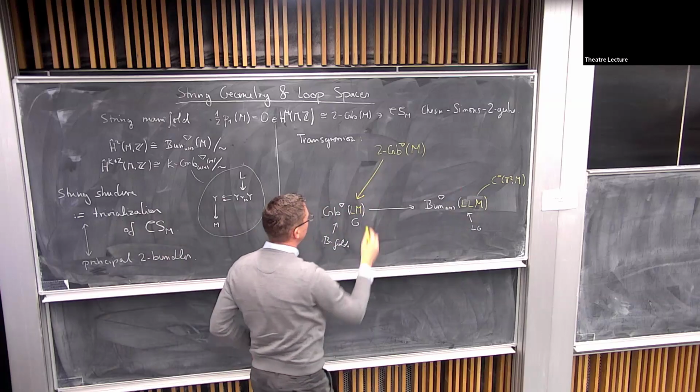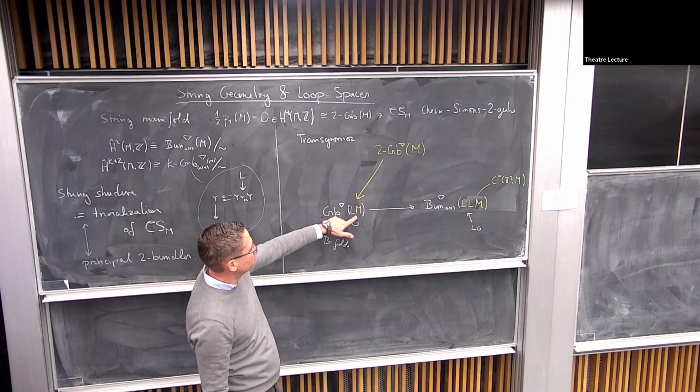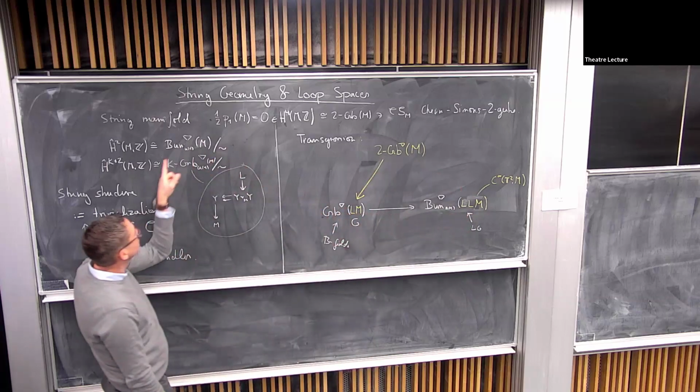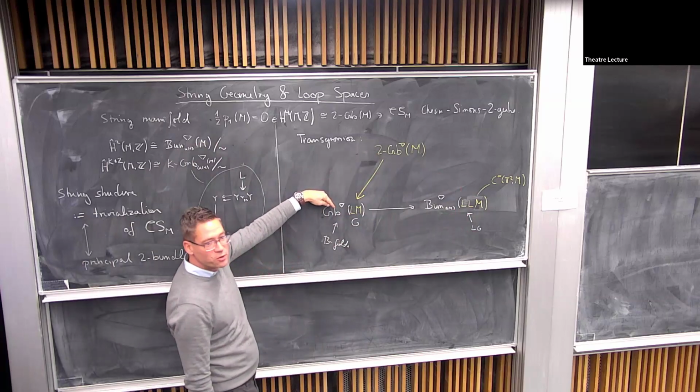So you see the pattern is transgression takes a k-gerb on a manifold to a (k-1)-gerb on the loop space. So it takes a 2-gerb on M to a 1-gerb on the loop space.